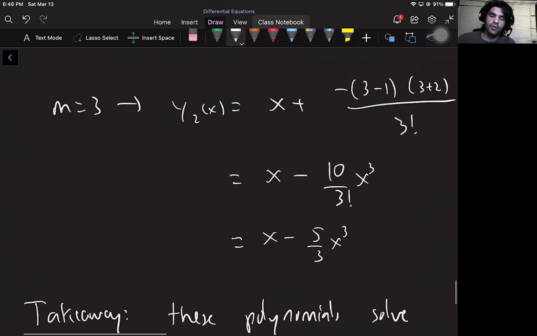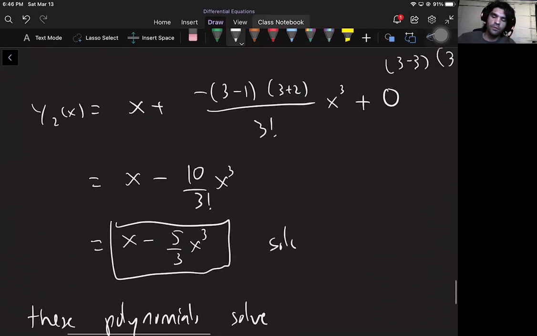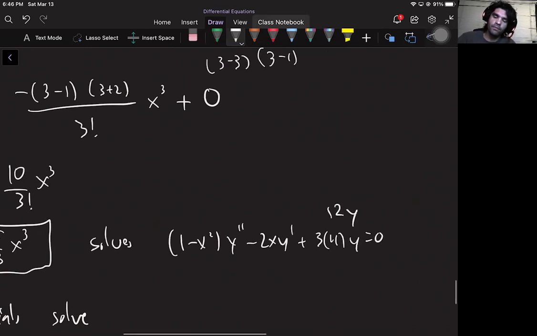So for example, this guy solves for m equals 3, so specifically, it solves this thing. It was m times m plus 1, aka 12y.